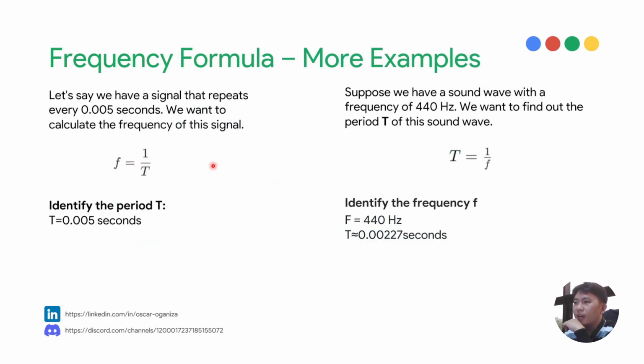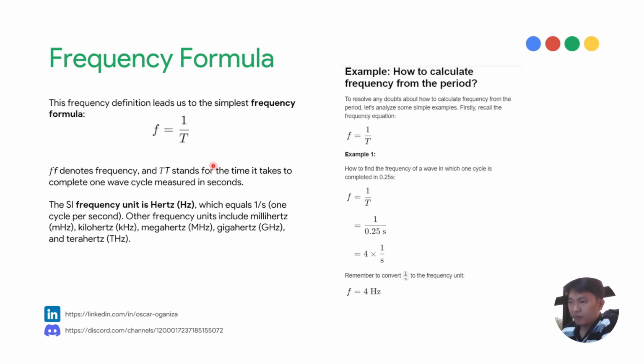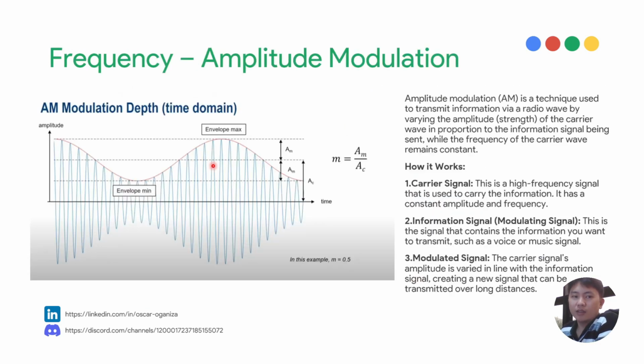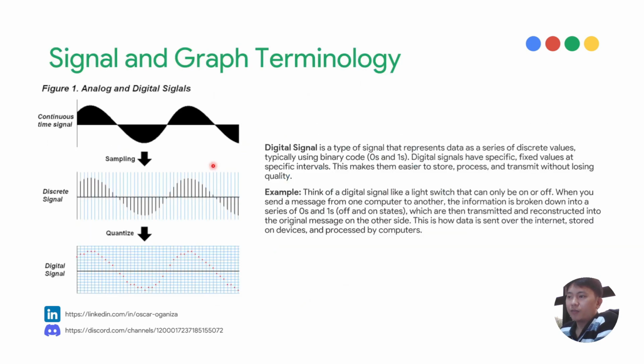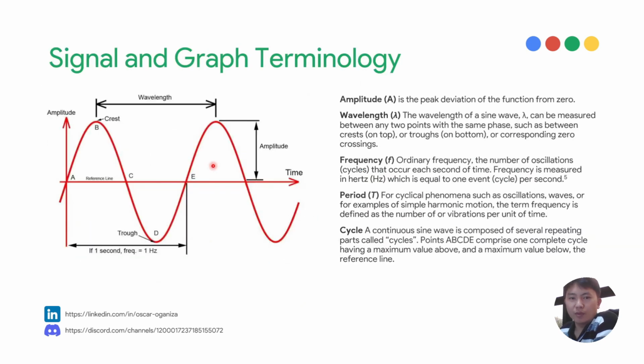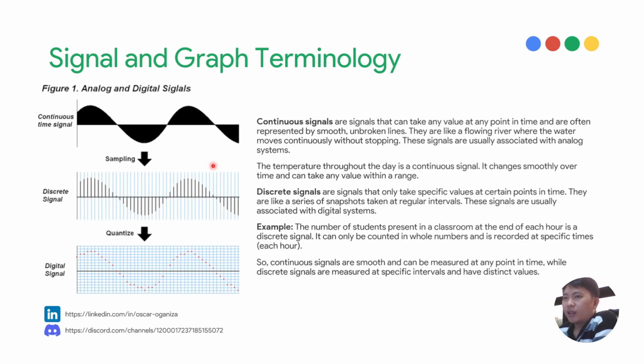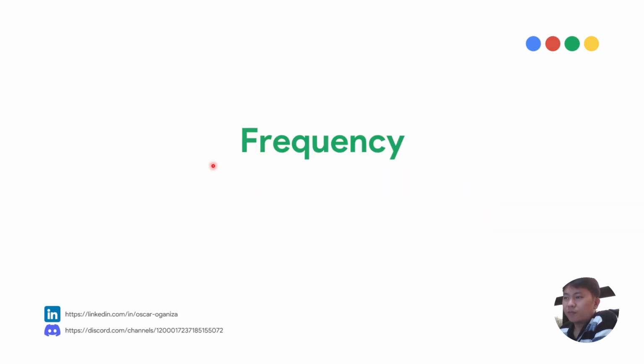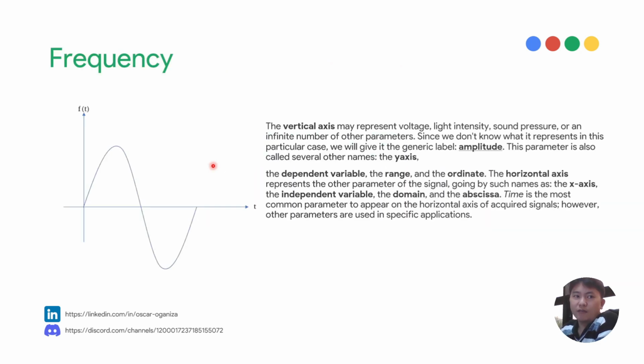So, I hope that our first meeting is worthwhile. Please take note of the following terminologies: the amplitude, the wavelength, the frequency, and the continuous, discrete, and digital signals and their conversions; the function of time, with the y-axis being the frequency domain and the x-axis as the time domain.